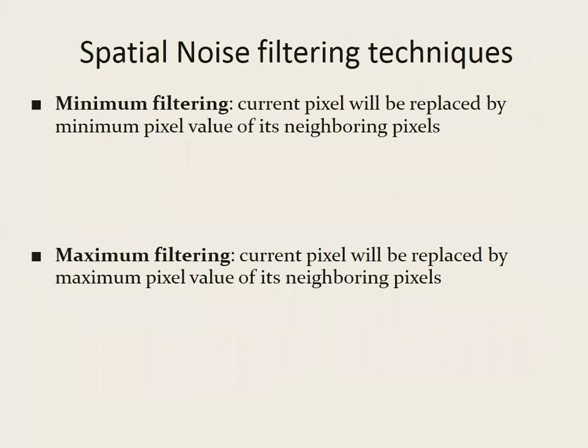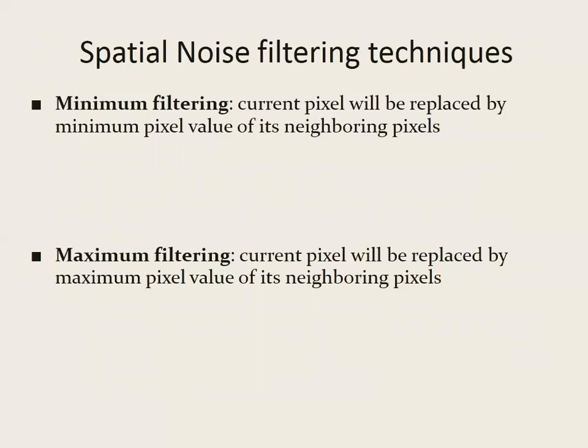When we are looking at the different filtering techniques, spatial noise filtering technique is one. Spatial noise filtering techniques are working within the spatial domain by checking every pixel and evaluating that pixel against the surrounding pixels. It's trying to determine whether that pixel is with noise or free from noise. You can use, like, minimum filtering.